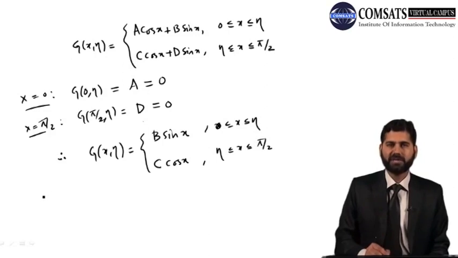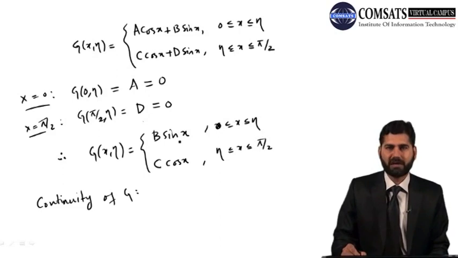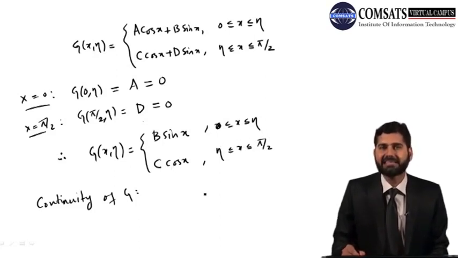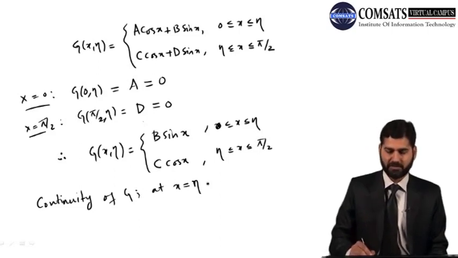Now we need to use the continuity conditions, because I have two extra conditions for Green's function. One is continuity of g. Between 0 and eta we have no problem because sine x is always continuous. Between eta and pi by 2 we have no problem because cosine x is always continuous. So we are having a problem exactly at x is equal to eta. Before and after eta we have no problems.